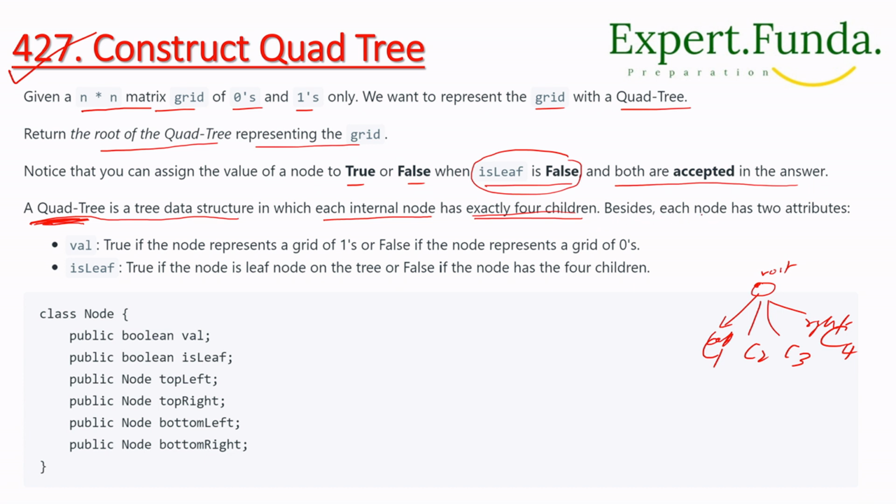Besides, each node has two attributes, that is val and isLeaf.